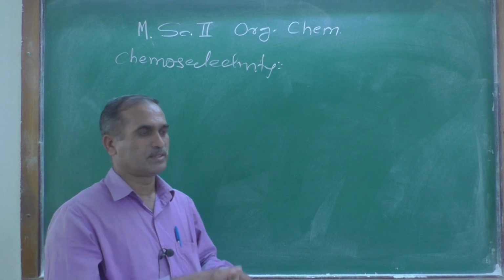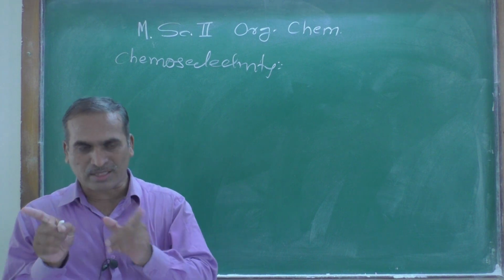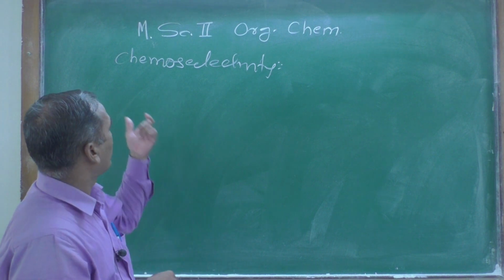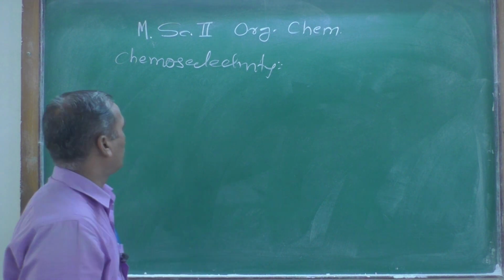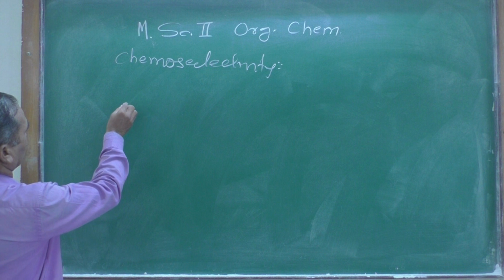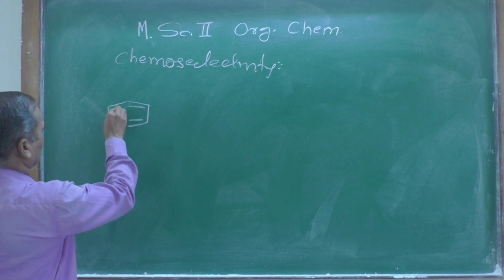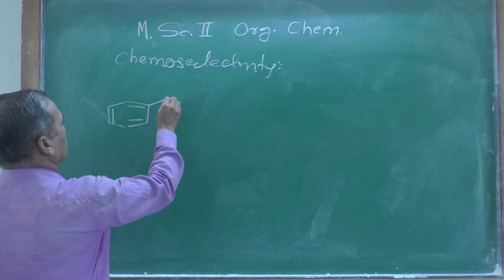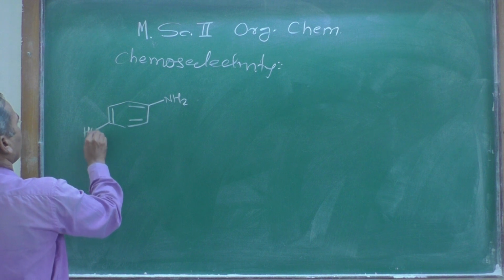Let us look at a suitable example which can explain the meaning of chemoselectivity. Now let me draw one structure here. This is the structure with NH2 and HO.